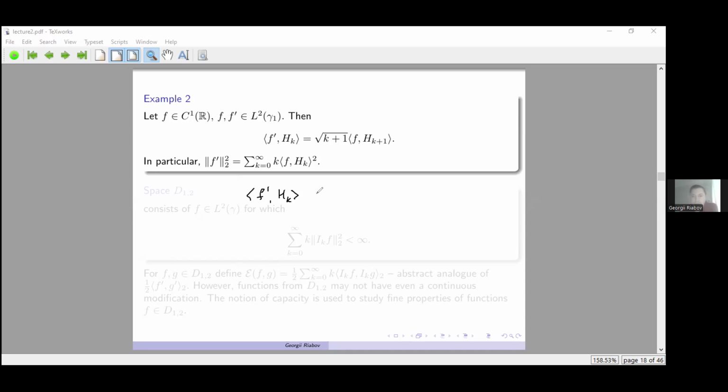The inner product of f prime and h_k is equal to, so let's write it like this, f prime times h_k times the exponent dx.